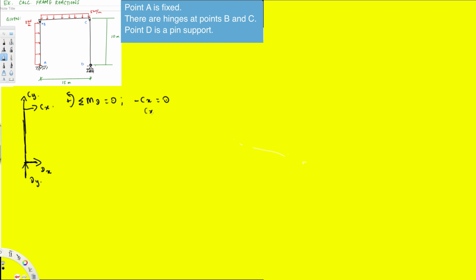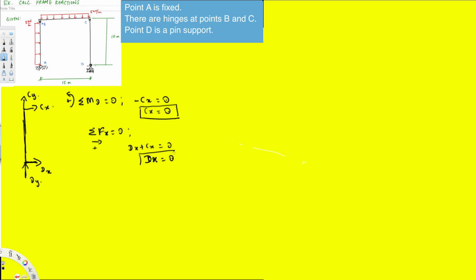If Cx is equal to 0, Dx is also going to be equal to 0, because sigma Fx is equal to 0. If I take this direction positive, Dx plus Cx is equal to 0. We know Cx is 0, therefore Dx is also equal to 0. So we know these two pieces of information right now.